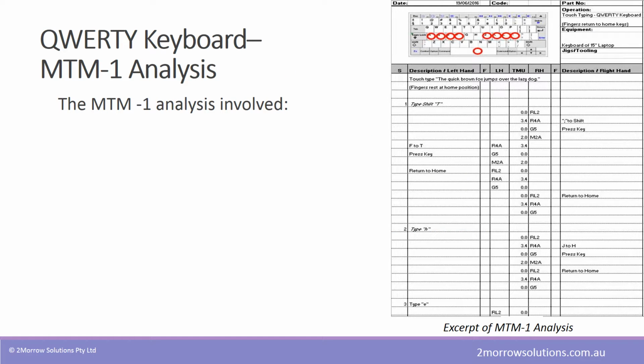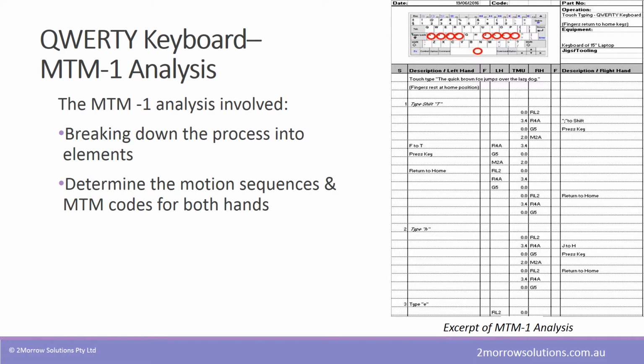In the MTM1 analysis, we used MTM1 to analyze the typing motions for the QWERTY keyboard. The analysis involved breaking down the process into smaller elements. For each element, determining the motion sequence and MTM1 code used for both left and right hand, taking into account the distance the hand is moved and the degree of control required.